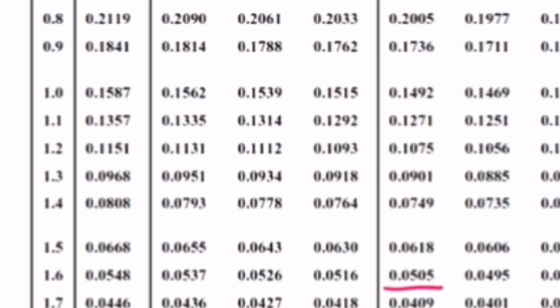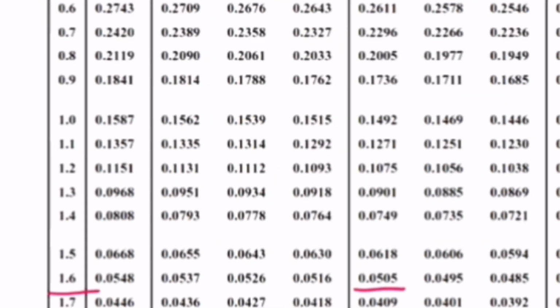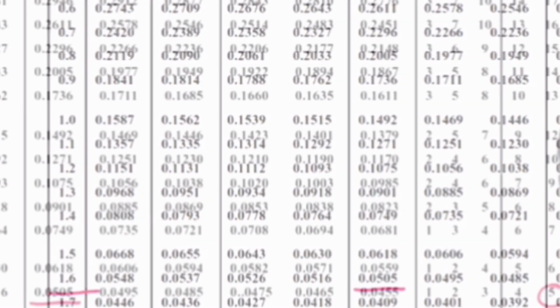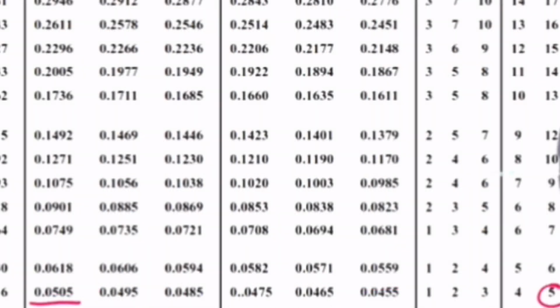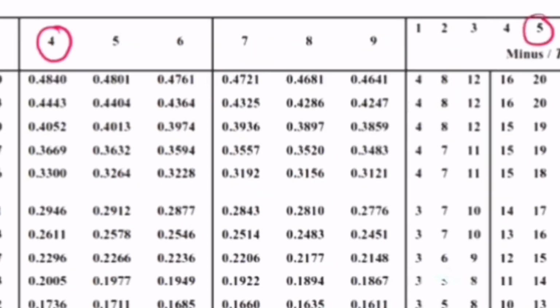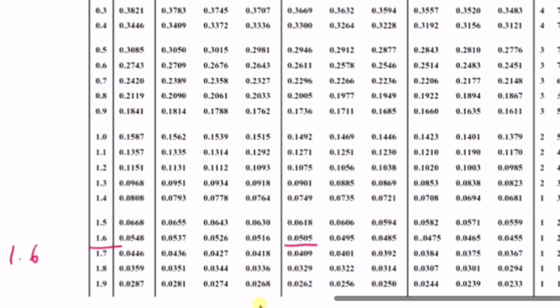So now we can read the z-score is 1.64. But the problem is we have 0.5 at the back, so we don't want the 0.5. So we have to minus out the 0.5, which is equivalent to 5. So our answer, when we minus, we have to plus. So the z-score is 1.645.